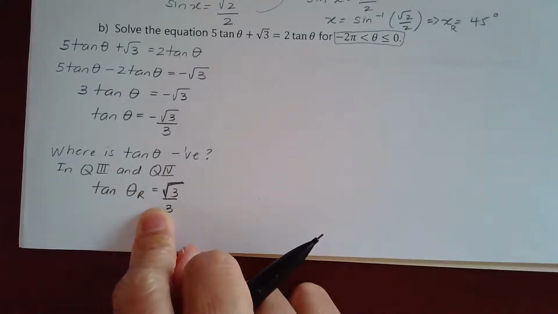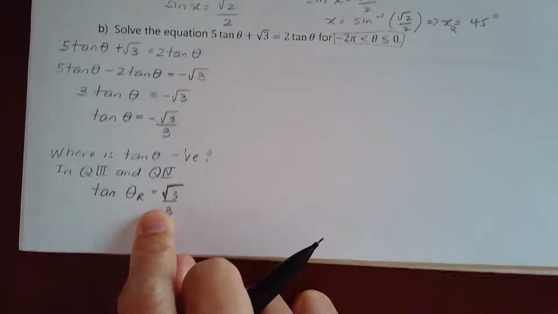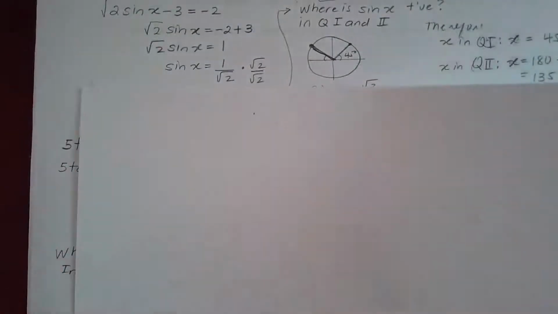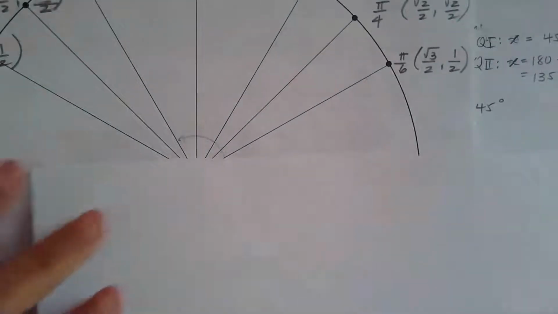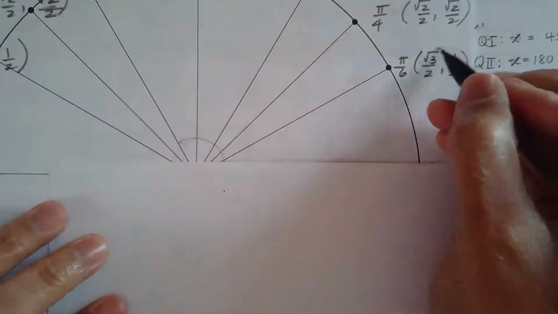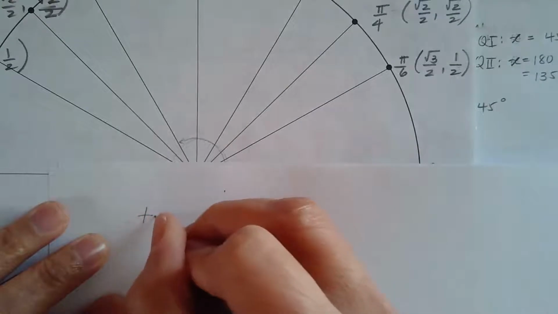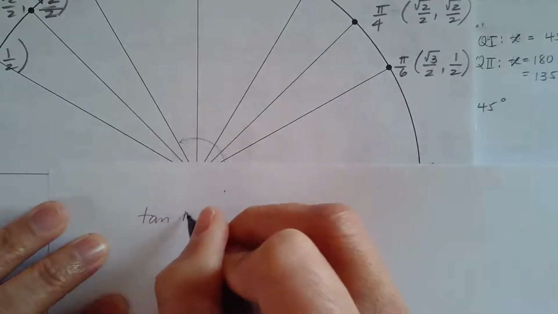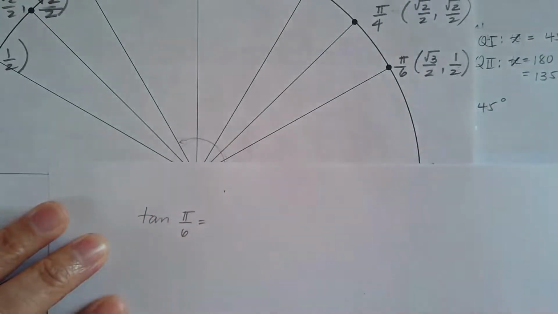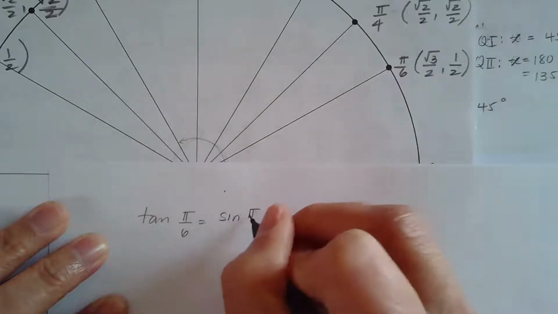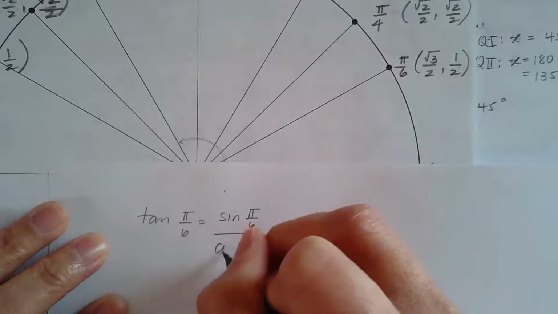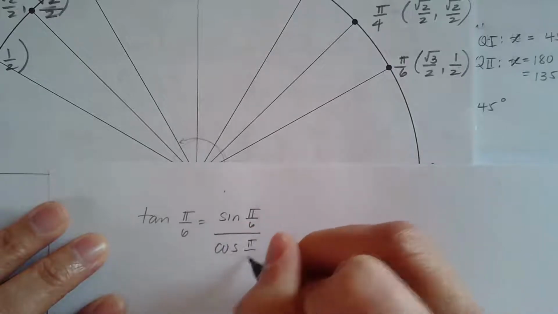I'll just show it to you right here. If we take tan of pi by 6, it's really going to be sine of pi by 6 over cosine of pi by 6.